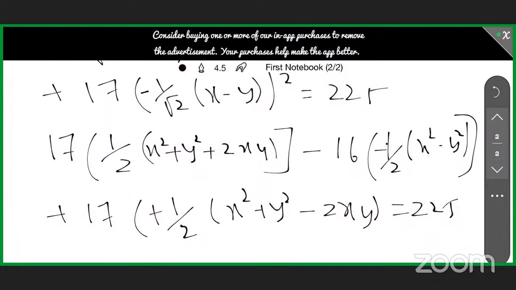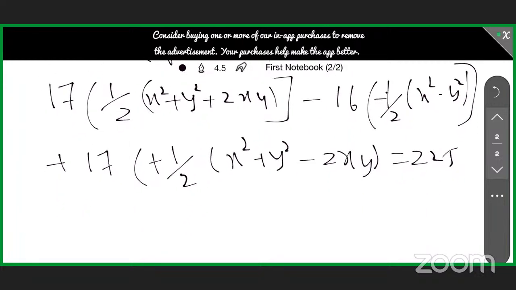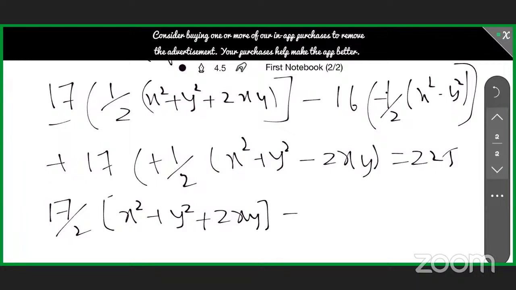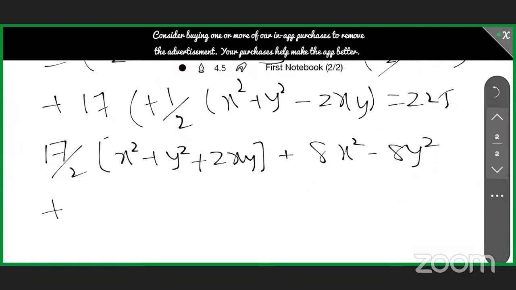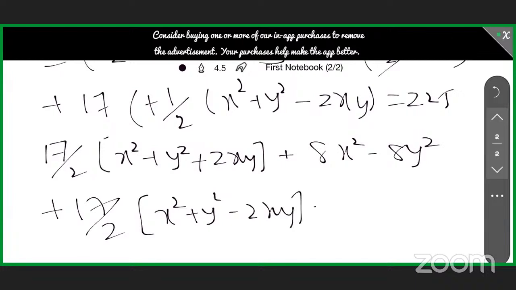So I am going to simplify once again. See, multiplication of 3 terms is there, so I'll take 17 by 2 outside. So this is x square plus y square plus 2xy, plus 8 into x square minus y square. 2 ones are 2, 2 eights are 8, so 8x square minus 8y square, plus 17 by 2, I'll take outside common, x square plus y square minus 2xy is equal to 225.